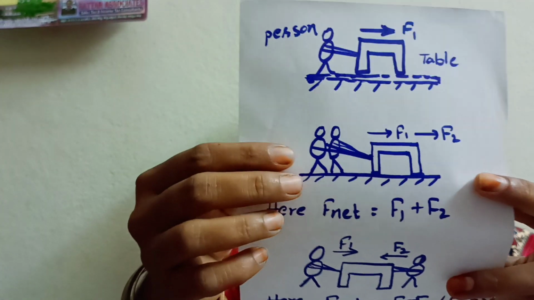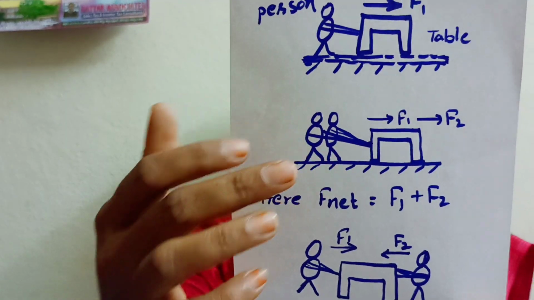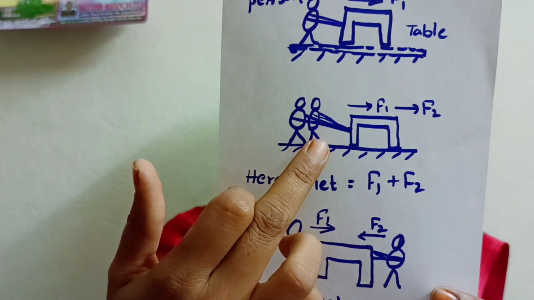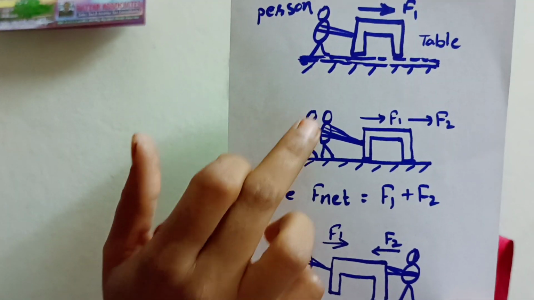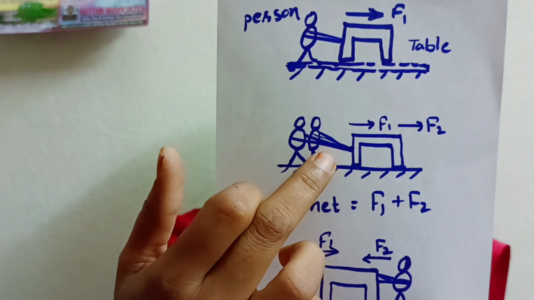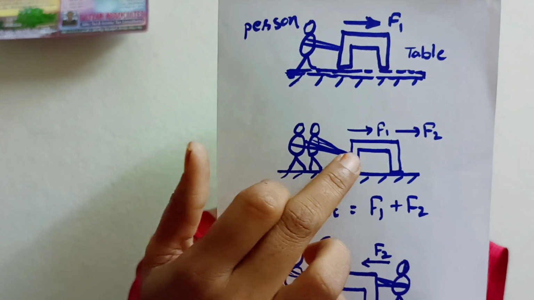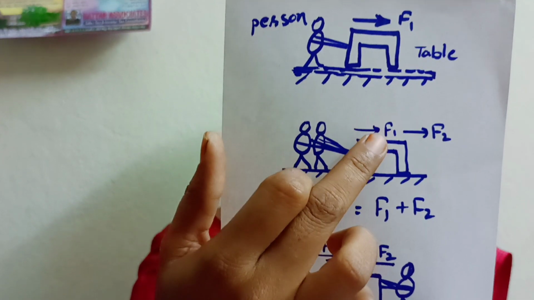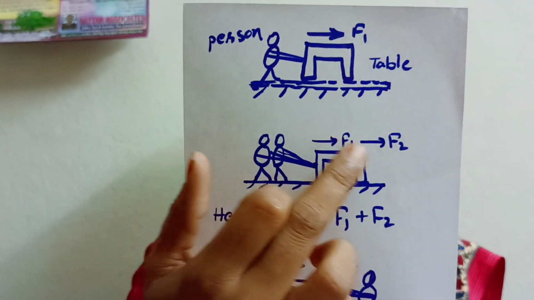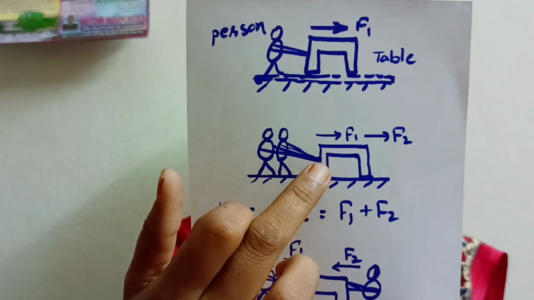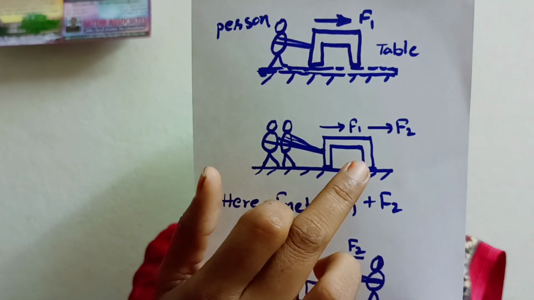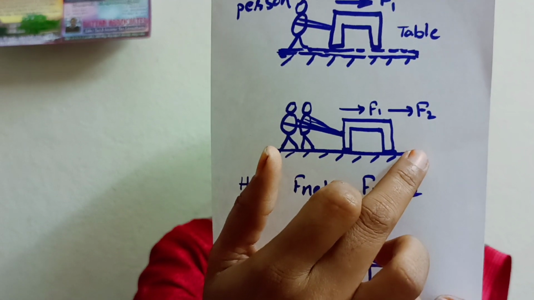In the second case, a table is kept on a floor, but in this picture two persons are there. These two persons apply forces F1 and F2 in the same direction.